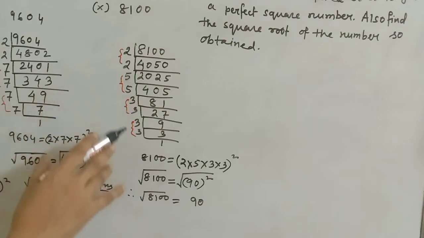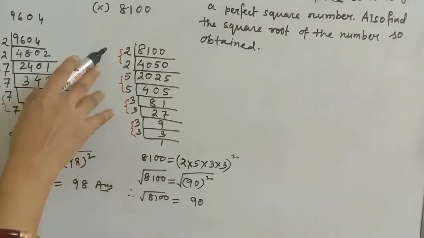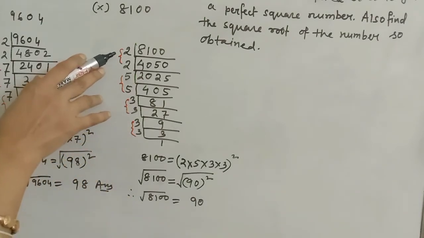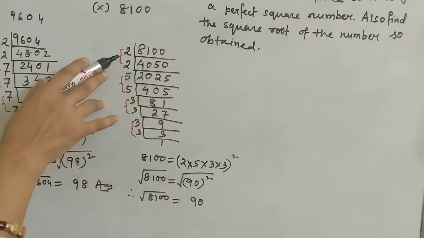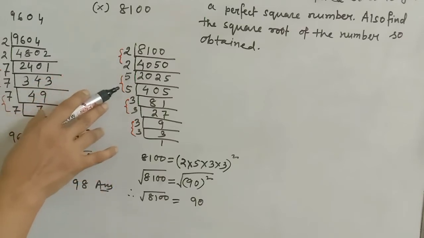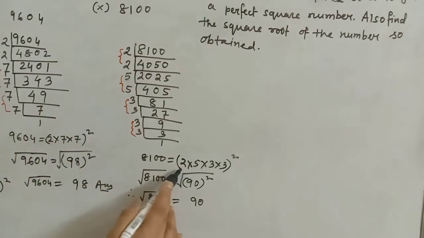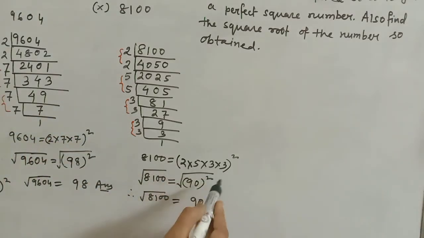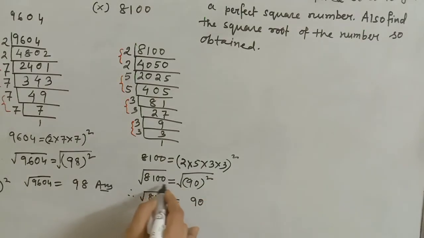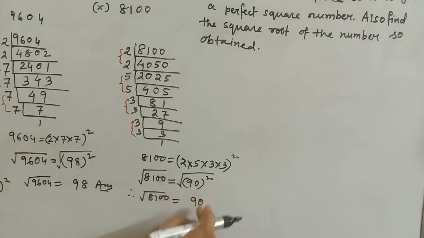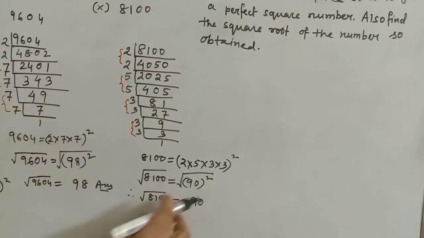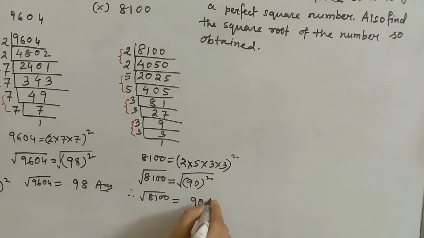When we have completed the division, we make pairs of the prime factors. You can see 2 square, 5 square, 3 square, 3 square. So 2 5s are 10, 3 3s are 9, 90 square. So the square root of 8100 is 90 square, and out of the square I can take 1 when finding the square root. So this is the answer.